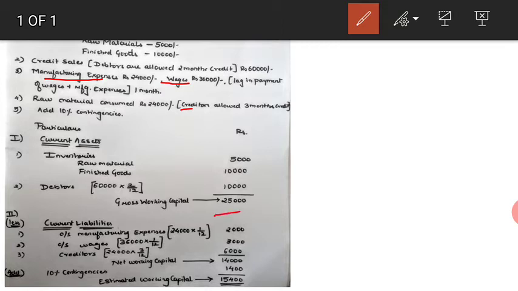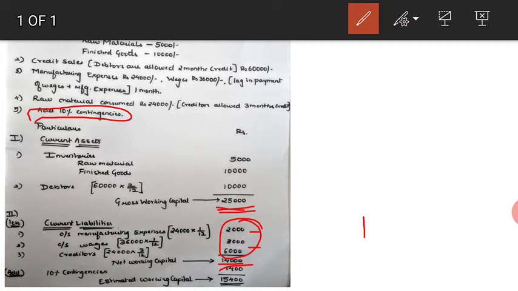Now we know gross working capital minus the current liabilities gives us net working capital. So gross working capital is 25,000 minus 2,000 minus 3,000 minus 6,000, that is a total of minus 11,000. So 25,000 minus 11,000 gives you 14,000. So 14,000 becomes your net working capital. That's not the end of the problem, because the fifth point says add 10% contingencies.